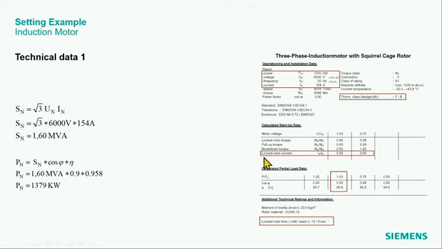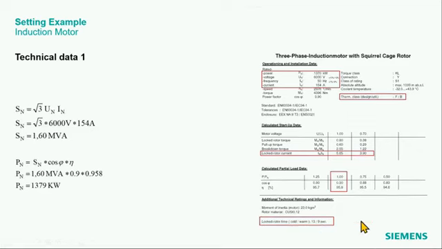Then the locked rotor current: when the voltage is the nominal voltage, I have 5.65 times nominal current. And if the voltage is 70%, then I have 3.9 times nominal current. This is my locked rotor current. The locked rotor time is 13 and 9 seconds, so for cold and for warm.